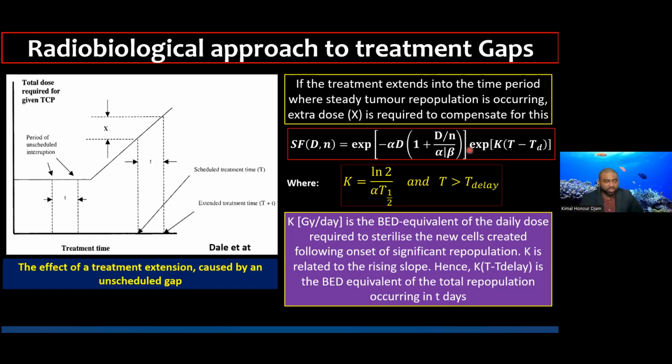There are a couple of constants that I want to define, the constant K. If you solve for the constant K, it is equal to the natural log of 2 divided by alpha over T half. And here, keep in mind that T is greater than T delay. So we're talking about the zone after the onset of rapid repopulation.